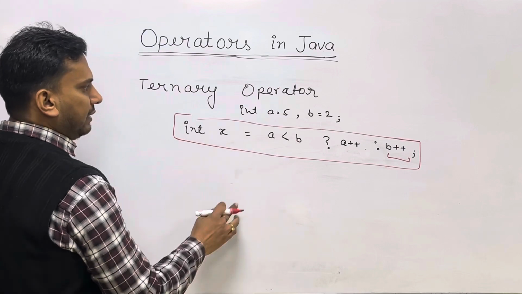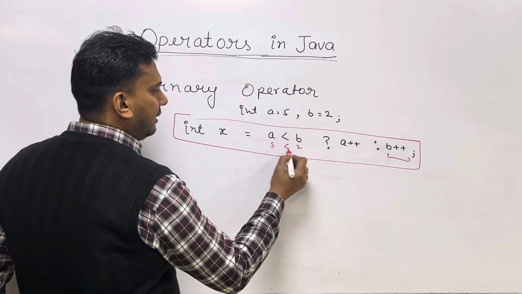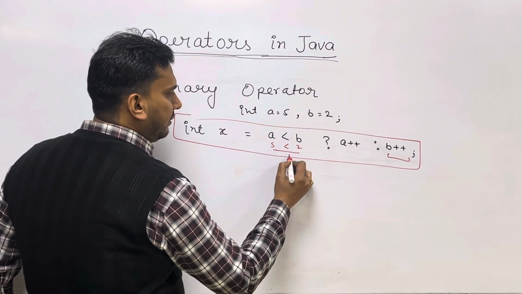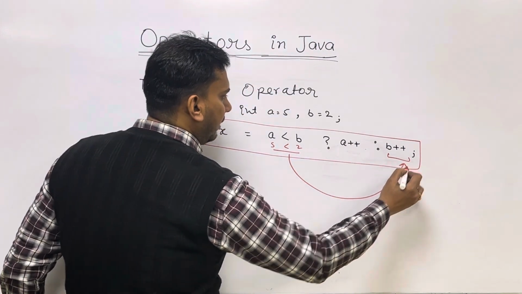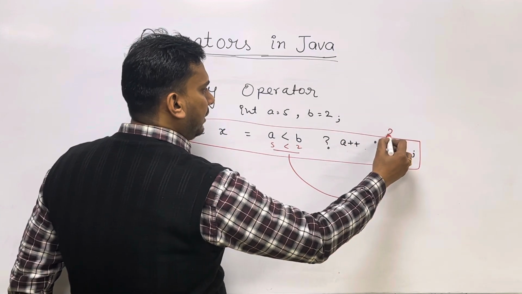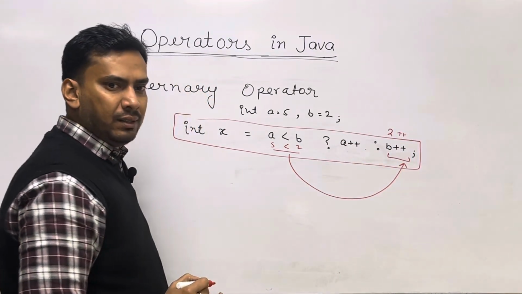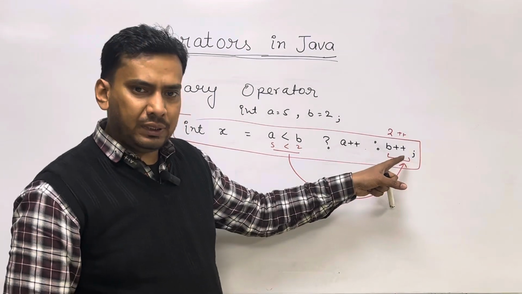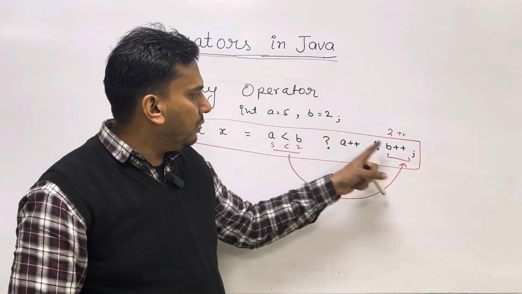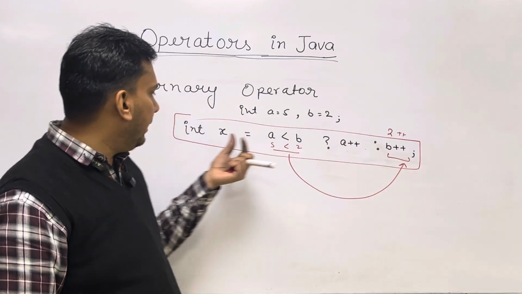For example, in this case, if you check whether 5 is less than 2, this condition is false. If it is false, it will land here and execute b plus plus. The value of b is 2. This is a post increment. The current value of b is 2, 2 will be incremented, but before that this value will be assigned to x.